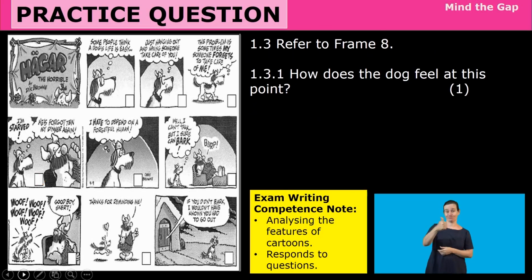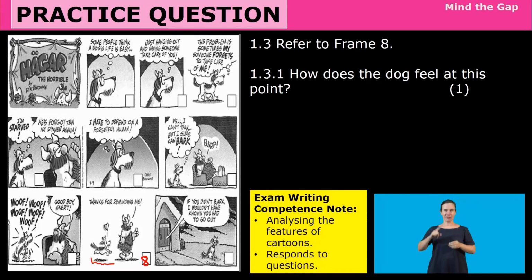Right, in frame 8, okay, so let's locate ourselves again. We are going 1, 2, 3, 4, 5, that was 4, 5, 6, 7, so this is the frame 8 right there, okay? How does this dog feel at this point? Now remember, when you're talking feeling, we're looking at persuasive language, we're looking at emotive language.